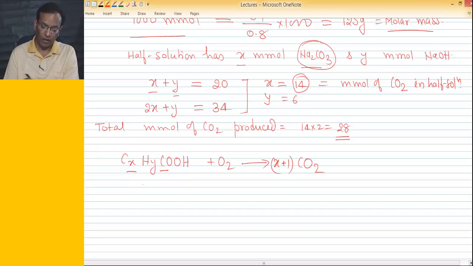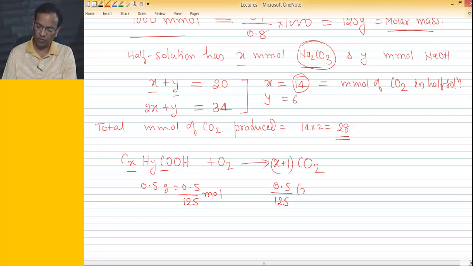And 0.5 gram of this is taken. Correct? So 0.5 gram of this means 0.5 upon 125 mole, and 1 mole of this gives X plus 1 mole of CO2. So this much mole will give 0.5 upon 125 into X plus 1, and that is equal to 28 millimole, so 28 upon 1000 mole.